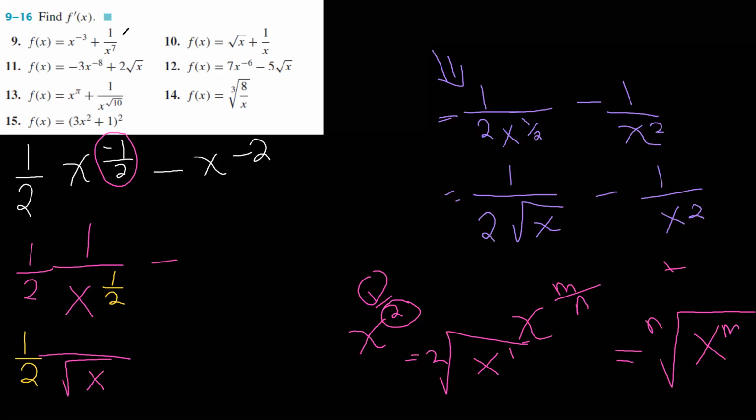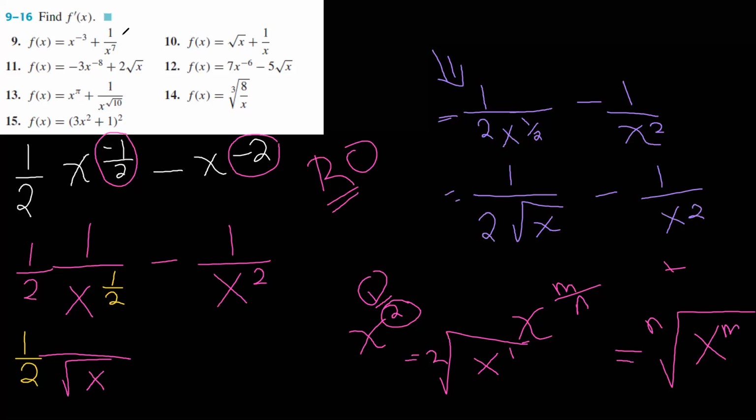Now, go to the second part. Here you have x raised to a negative power. So what is the reciprocal of x? It is 1 over x. And what is the opposite of negative 2? It is 2. Every time you have x raised to a negative power, just write the reciprocal of x and the opposite of the exponent.